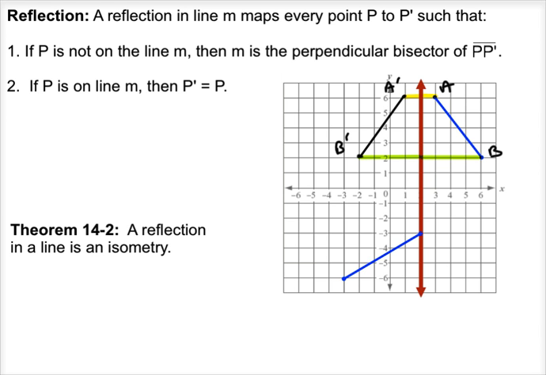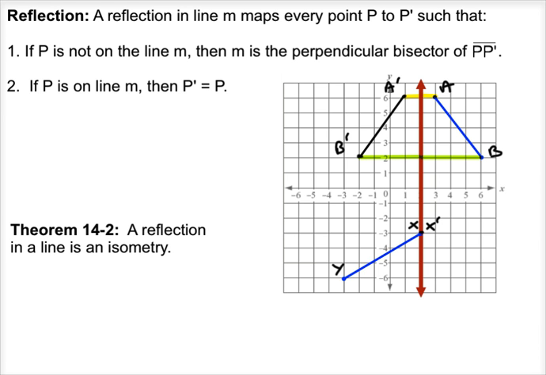Looking at an example for the one below, let's call this segment XY. Well, point X is right on the line, so if I go the same distance away, it's still going to be right on the line, which is why up above it says for number 2, if P is on the line, then P prime is the same as P, so in this case, X prime is the same exact spot.